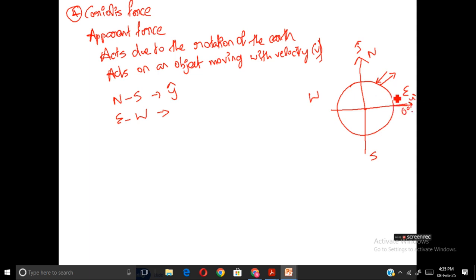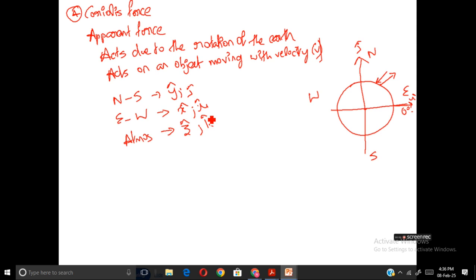And the z direction is upward and downward motion in the atmosphere, the k cap. Vertical movement in the atmosphere is the z direction or k cap. So these are the three different directions in the atmosphere.